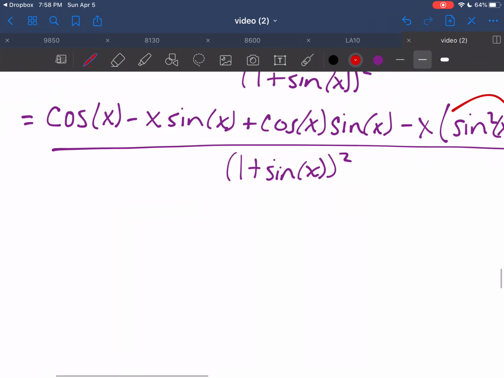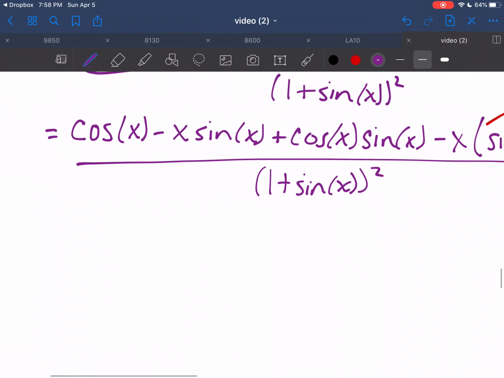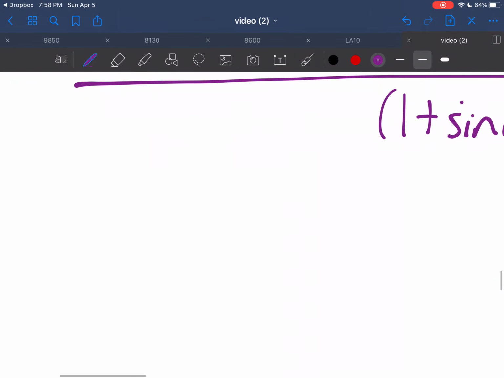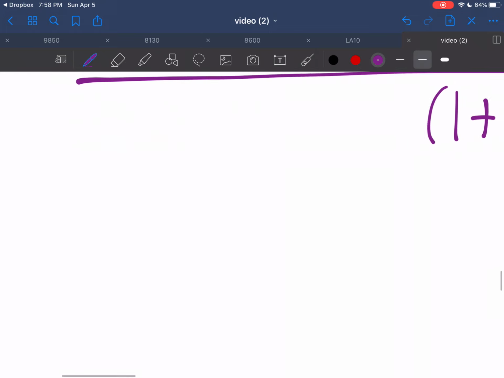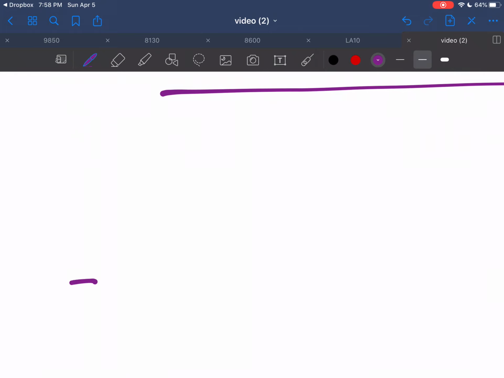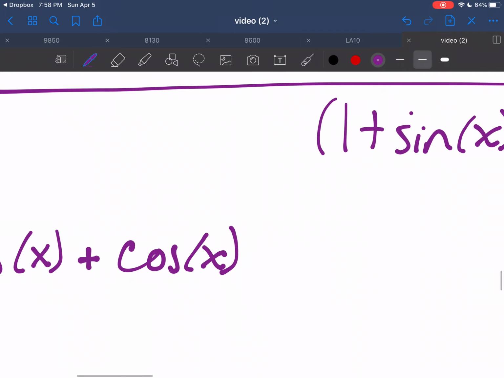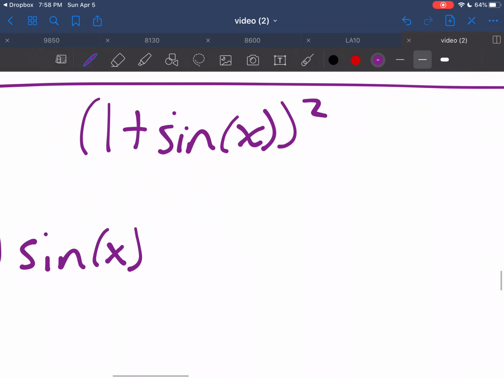So then I can regroup my terms. So if I regroup them a little bit, let's do cosine of x plus cosine x times sine of x minus x sine of x.